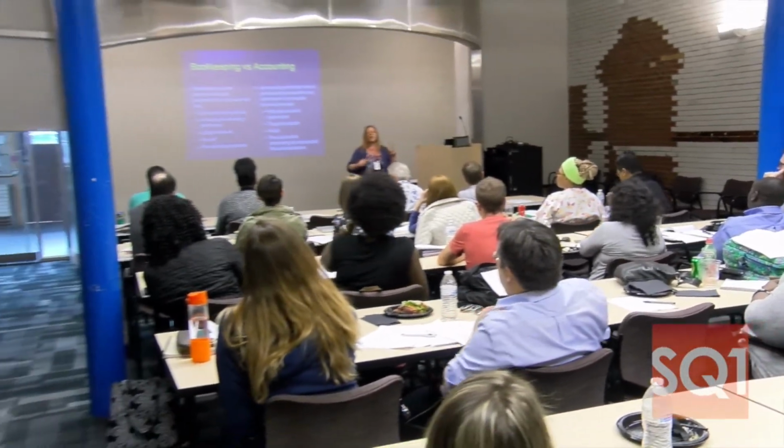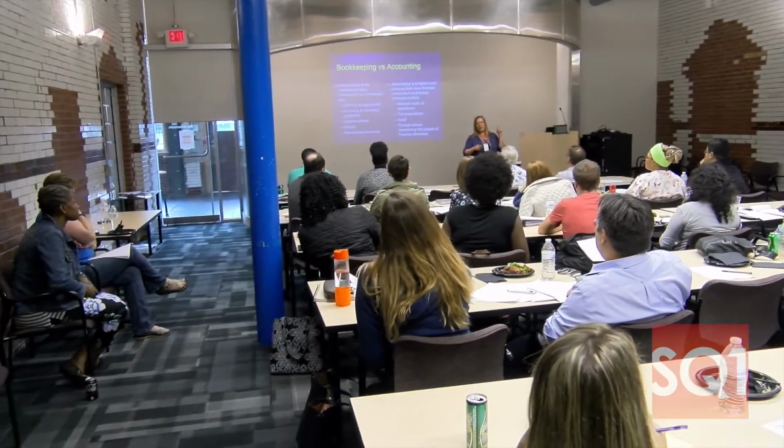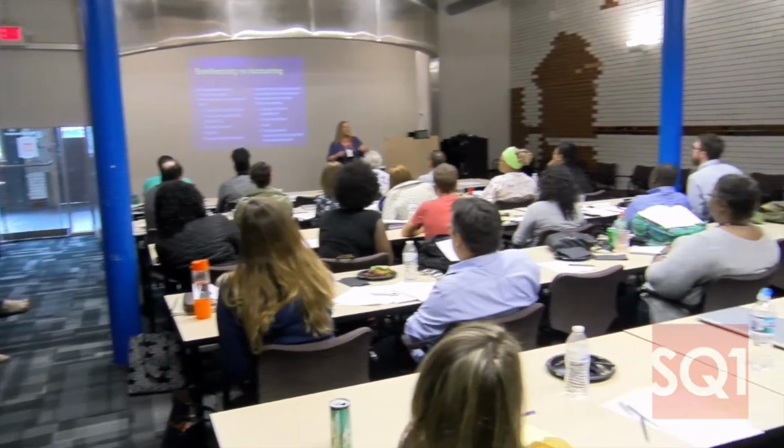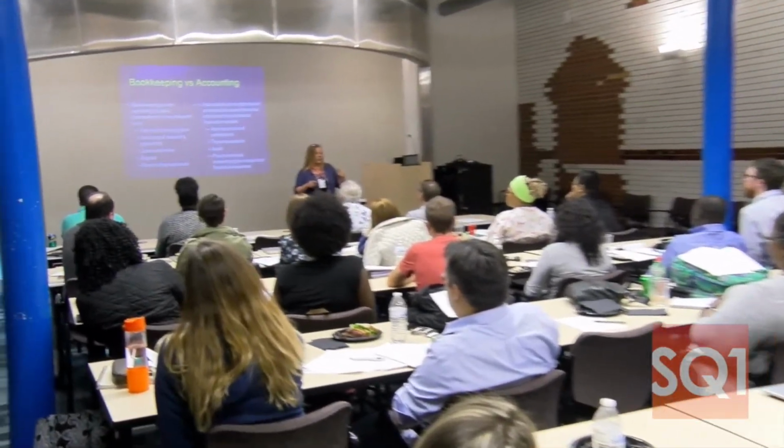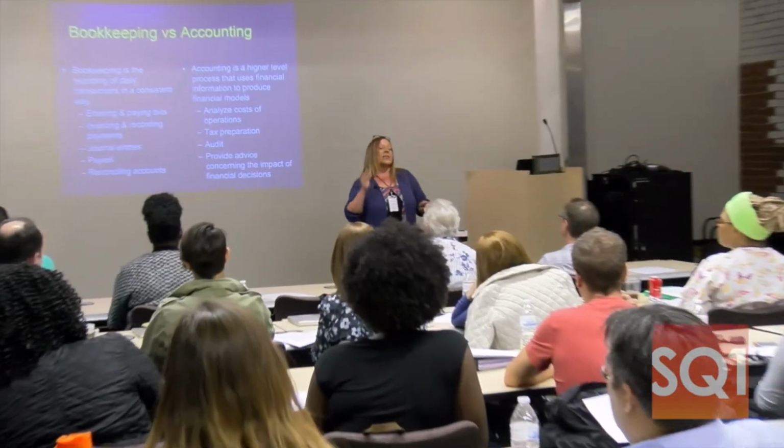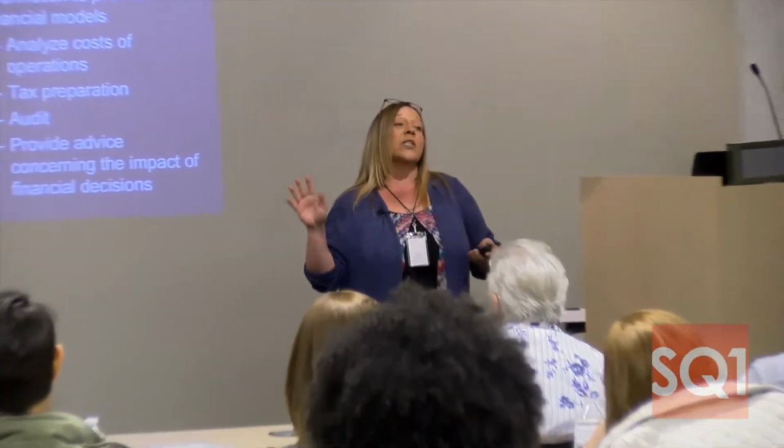If it's a single member LLC, you're going to have a Schedule C that's going to funnel through your personal return. If it's a multi-member LLC partnership, you're actually going to be issued a K-1 by the company. So the company will have its own return prepared and issue you a K-1 that you will then file with your personal return. So this is something you and I are going to do together? Yes, it is. All right.